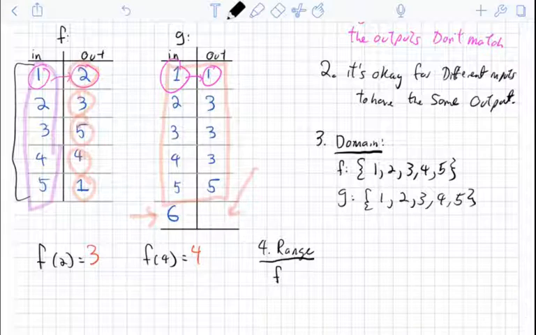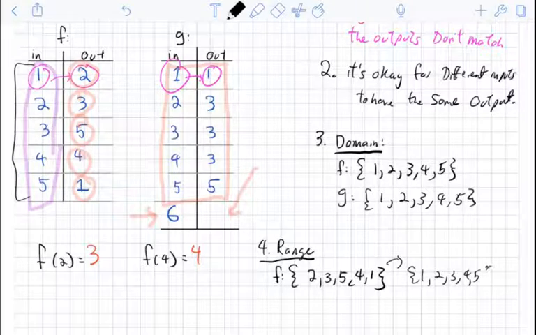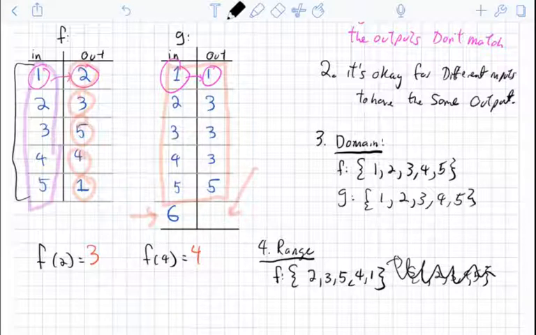It's tricky to list without repetition, but you can repeat it. It's fine. 2, 3, 5, 4, 1. And maybe after you might want to sort it, but you don't really have to. 1, 2, 3, 4, 5. So that's the range, all of the numbers that you can output.